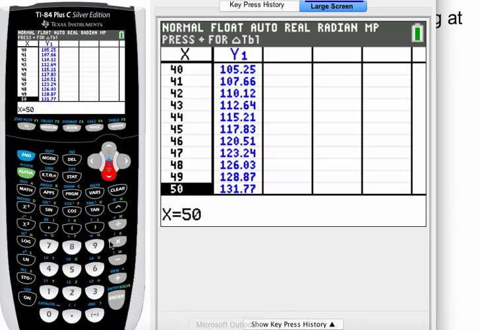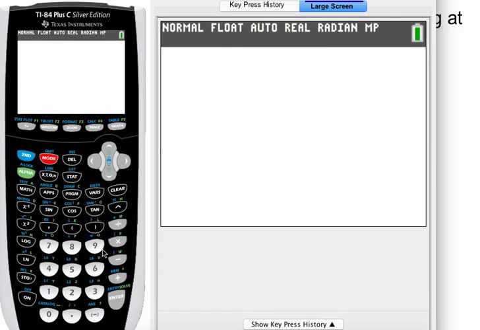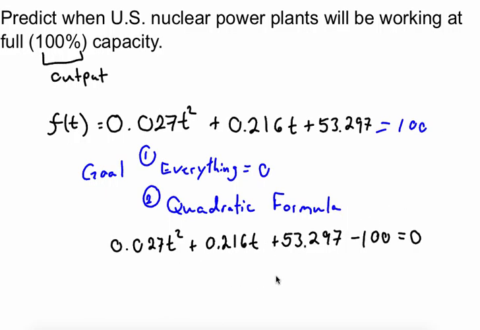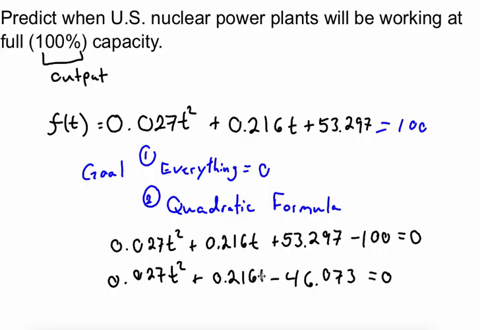Okay, so I need to figure out here 53.297 minus 100 is 46.703, so negative 46.703 equals 0. Okay, 0.027 t squared plus 0.216 t. Now this next part is important.